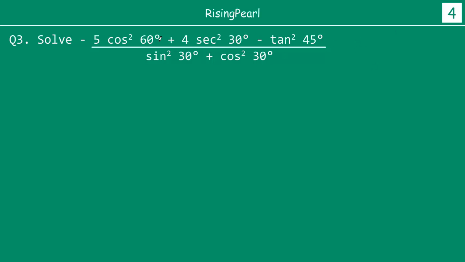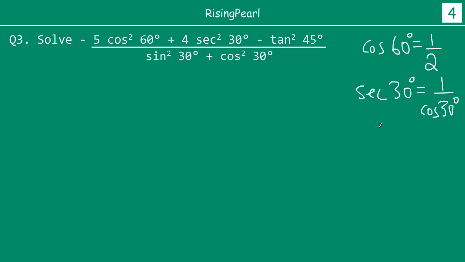So for this we need cos 60 degrees. Again, on our rough side we are going to write down cos 60 degrees is 1 by 2, sec 30 degree. So sec 30 degree is equal to 1 by cos 30 degree. And so cos 30 degrees is going to be square root 3 by 2.